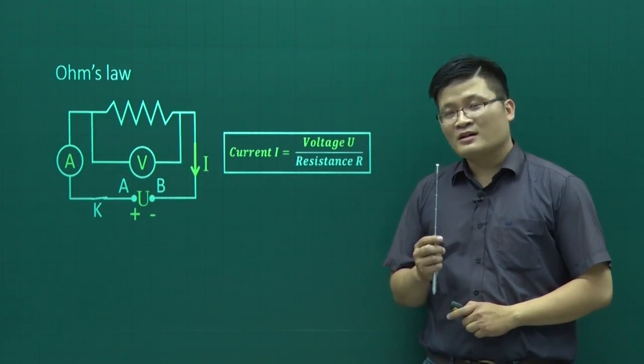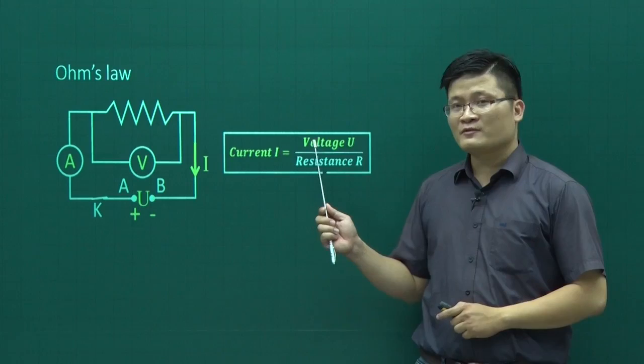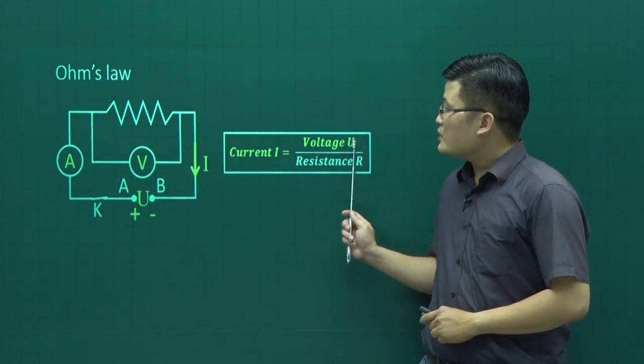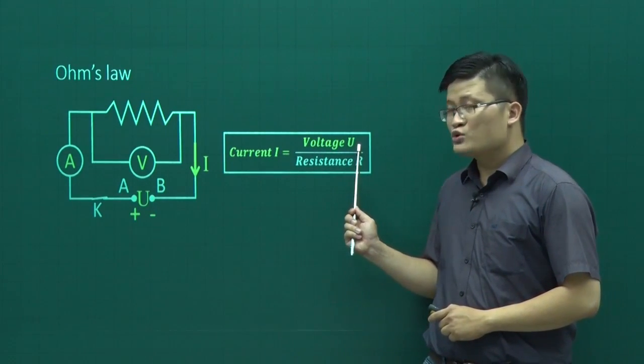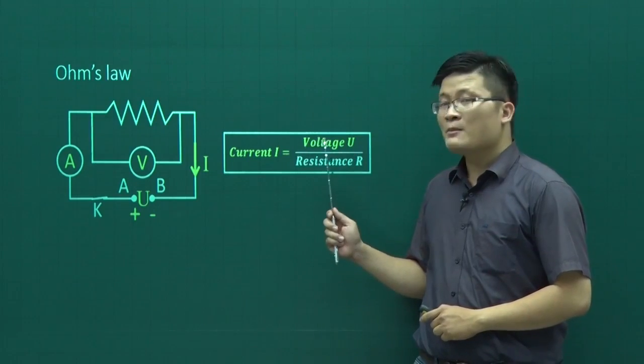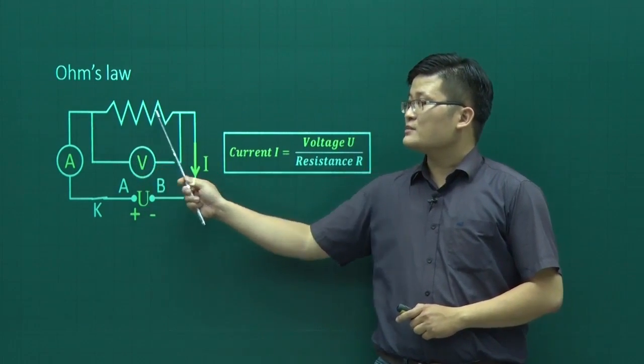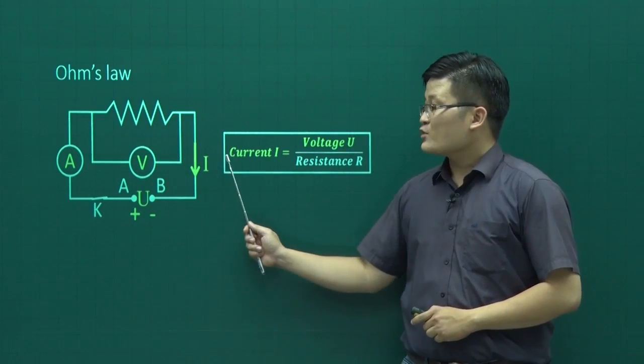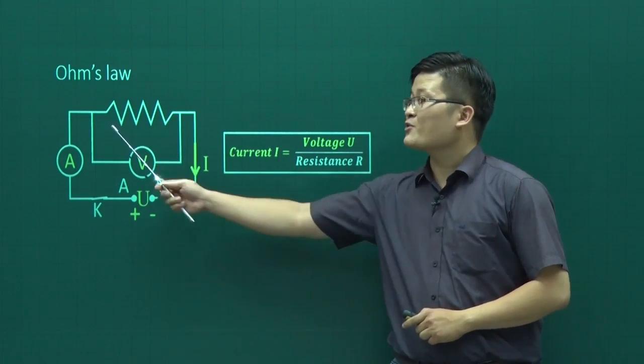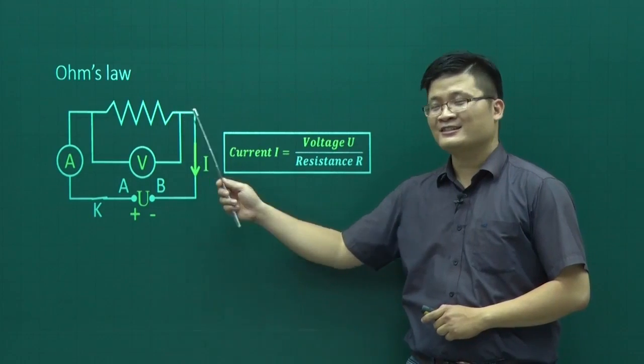I can explain this equation a little bit further. Now, if we apply the voltage U at the two ends of the conductor, there will be a current going through the conductor.